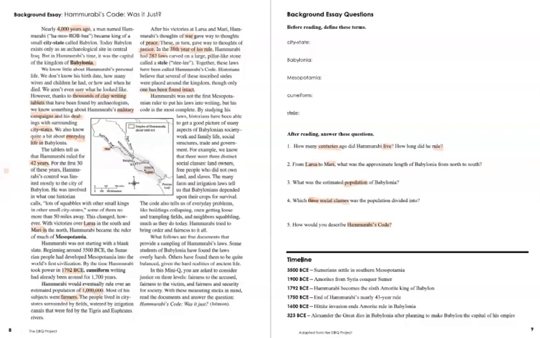Hammurabi was not the first Mesopotamian ruler to put his laws into writing, but his code is the most complete. So others did write laws, but this is definitely the most complete version of them. By studying his laws, historians have been able to get a good picture of many aspects of Babylonian society.